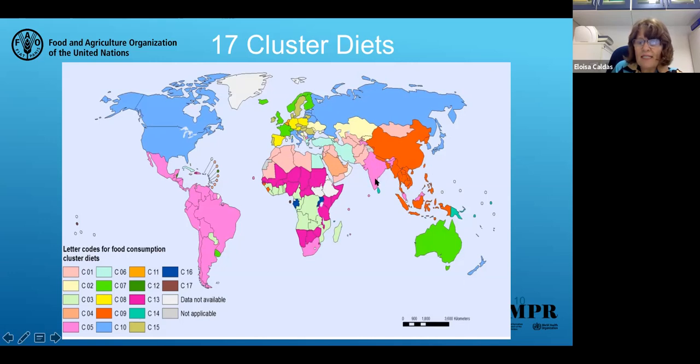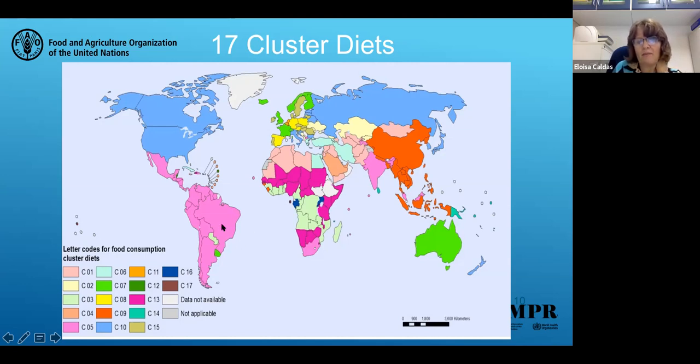Here you have India, Bangladesh, Russia, who apparently eats the same as the US and Canada. Then you have some Nordic countries and the UK, France, Spain, Portugal, Germany. So that's the cluster diet. There are 17 cluster diets, and we have to live with that.